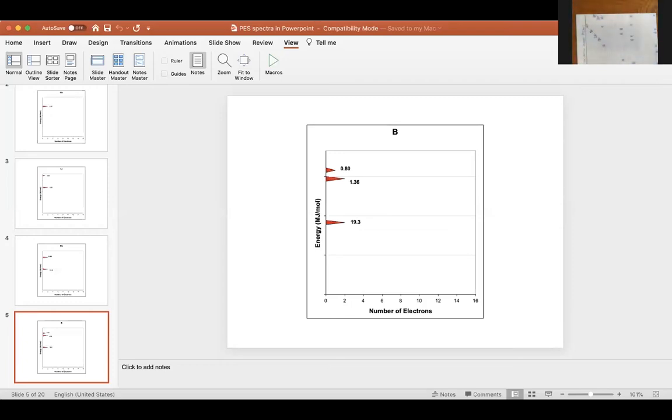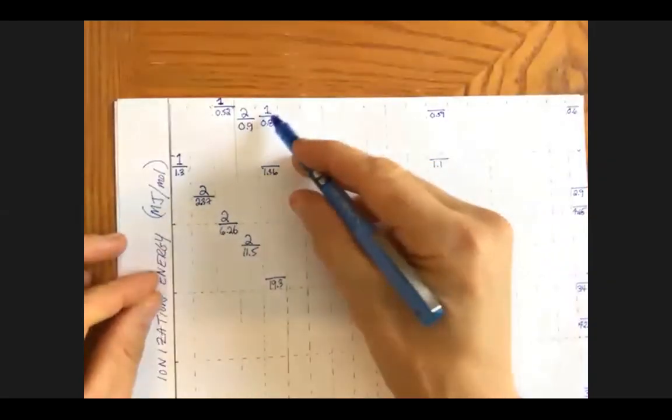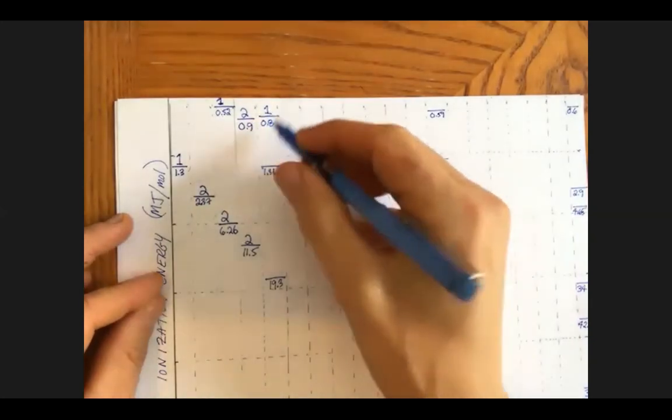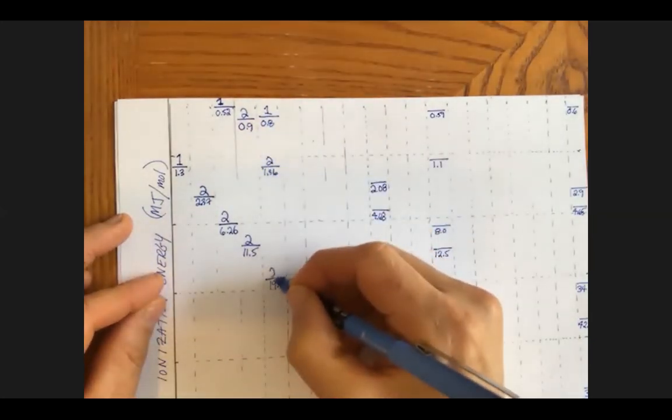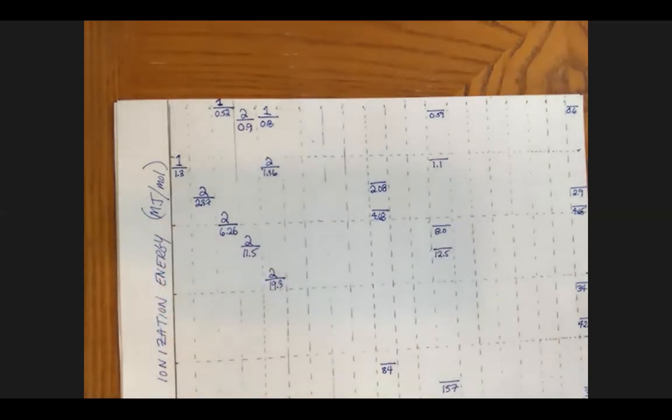And the other 2 peaks look to have 2 electrons because they're the same height and they go down to 2. So we can write 2 for the other ones. So there's my 1, and here's my 2 and my 2. So far, so good?